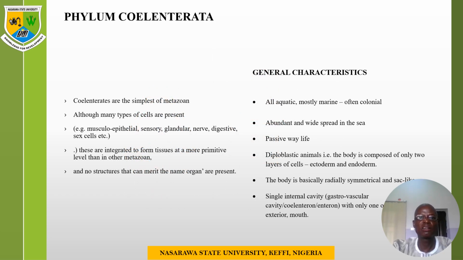We have the phylum Coelenterata. This is another group of the animal kingdom, and these Coelenterata are the simplest of metazoans. Although many types of cells are present, for example, we have muscular epithelial cells, sensory cells, glandular cells, nerve cells, digestive cells, and so forth.